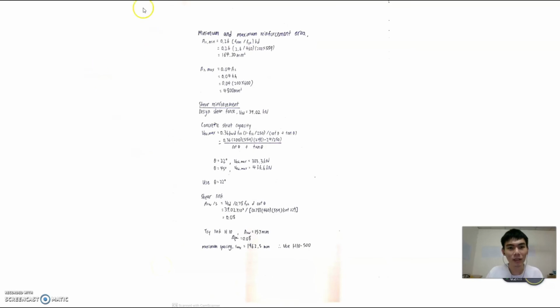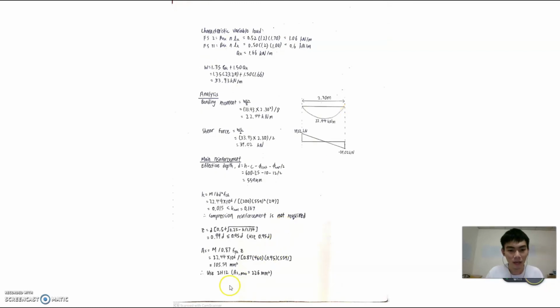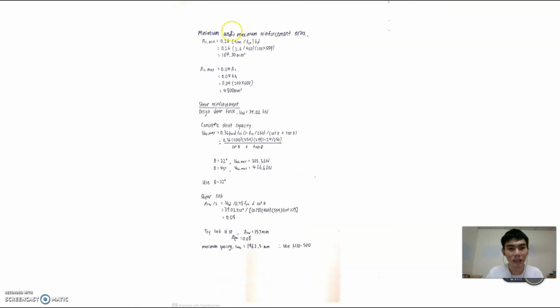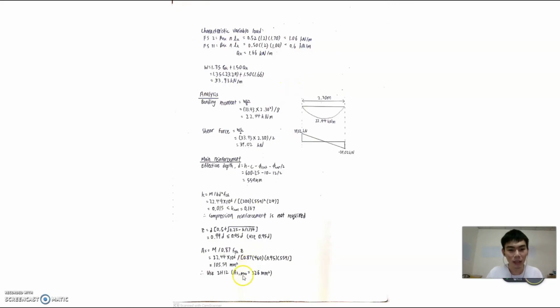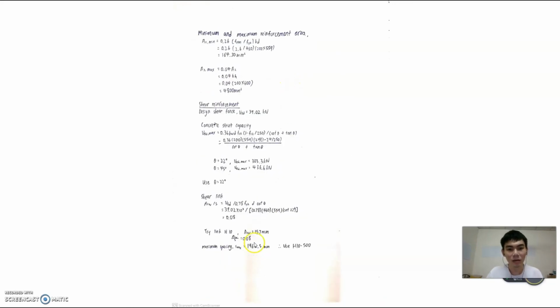Next, we calculate the minimum and maximum. So minimum is 164.3, and here the provided area is larger than the minimum area and below the maximum area. So the provided area is okay. After that, we calculate the shear reinforcement.